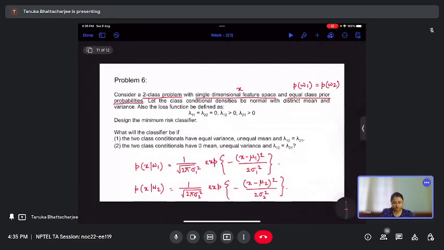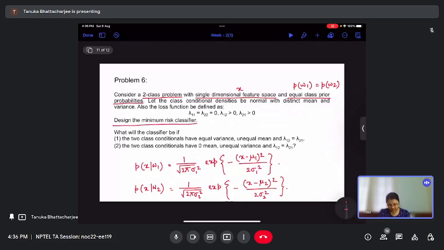So if the object actually belongs to class omega 1 and you have classified it as omega 1, the loss is 0. Similarly, if it belongs to omega 2 and you classify it as omega 2, then the loss is 0. But if you do some misclassification, then the loss is non-zero.